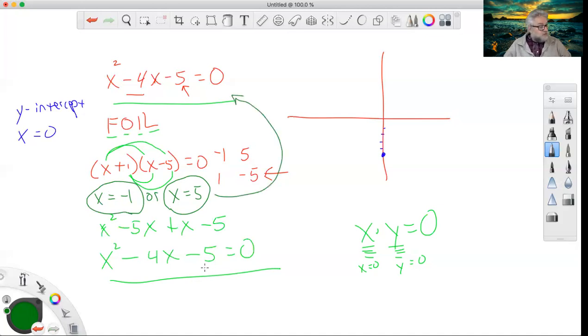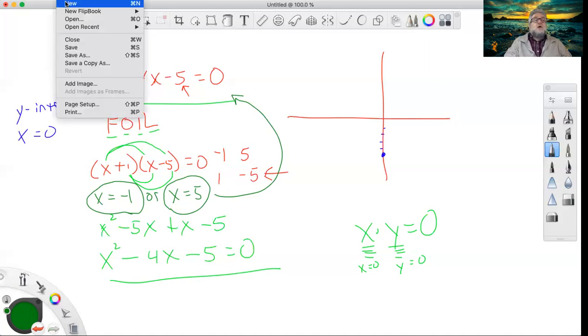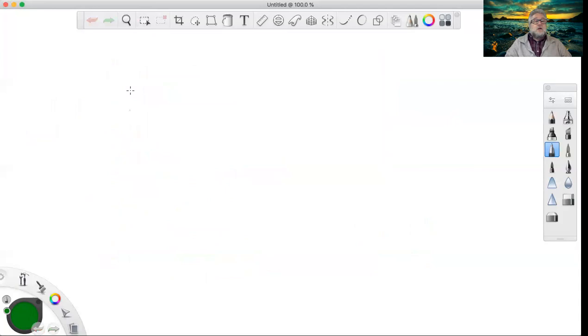I want to remind you of that so we can do it. And also, we can go the other way. Instead of factoring, we can multiply out. x plus 2, x plus 3. So we're going to use FOIL.